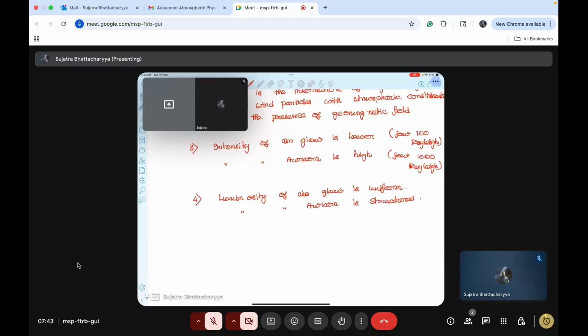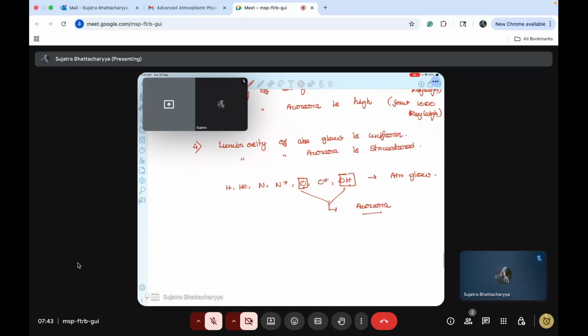Hydrogen, helium, nitrogen, N plus, O plus, OH are generally important constituents for the formation of airglow, but particularly oxygen and OH have much more contribution to the formation of aurora. Okay, so that's a clear thing.